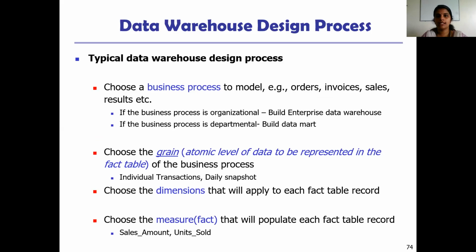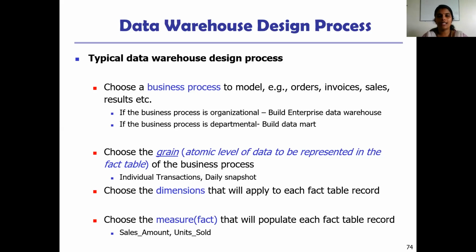Now coming to the next, the data warehouse design process. Here I have given a typical brief data warehouse design process. The first step that we follow is choosing a business process to model. What process are we going to model? It can be orders, invoices, sales, or results. Depending on a particular data warehouse, you have to choose the business process.